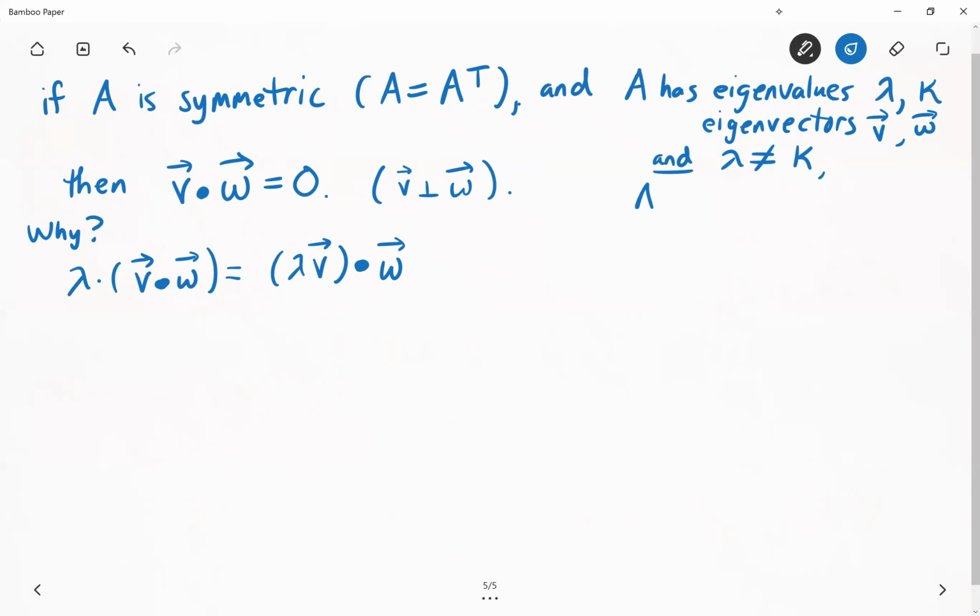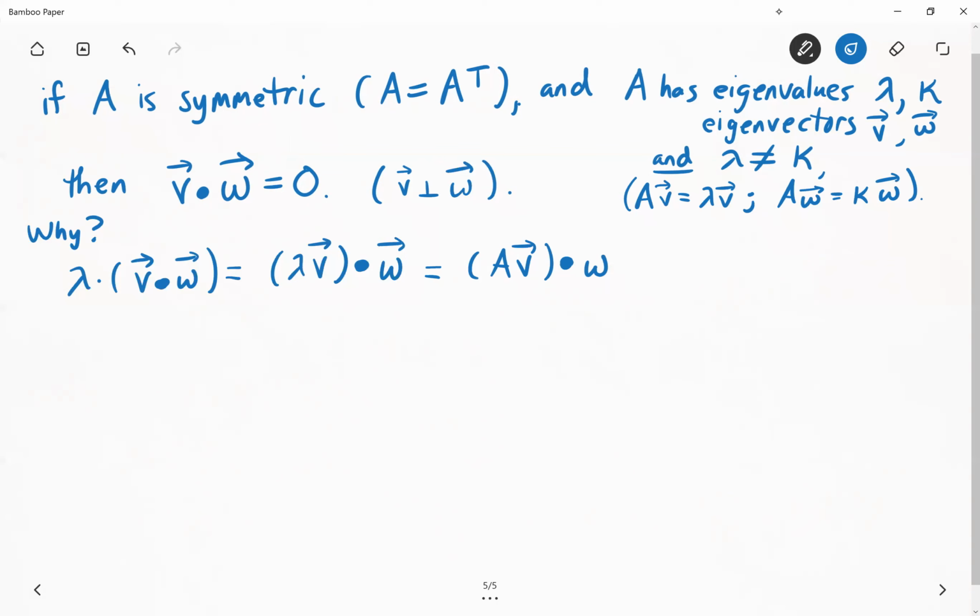So we know that A times the vector V is equal to lambda times the vector V, and similarly, A times the vector W is equal to kappa times the vector W. So we can replace lambda times V with A times V, dot product with W.